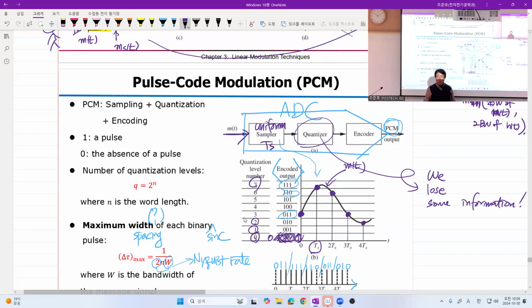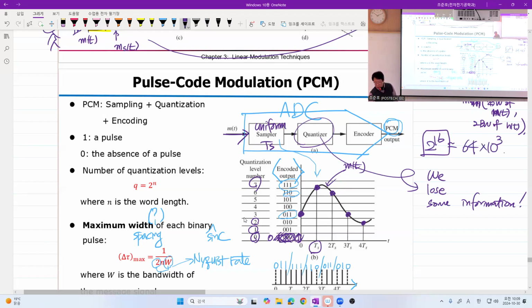Amazingly, our current state-of-the-art technology converts an analog signal to a quantized level with many bits, like 16 bits. And how many levels is that? What is 2 to the 6? Around 64.